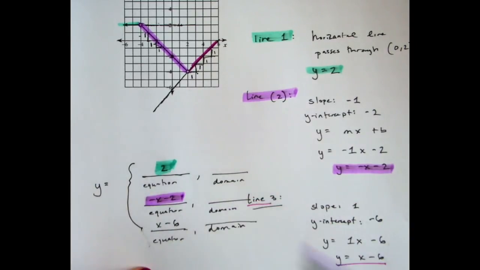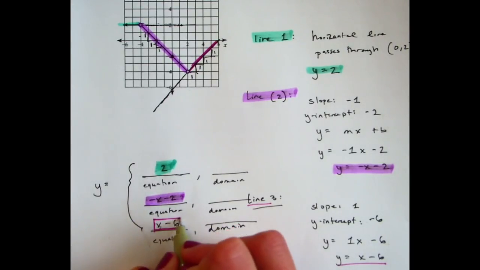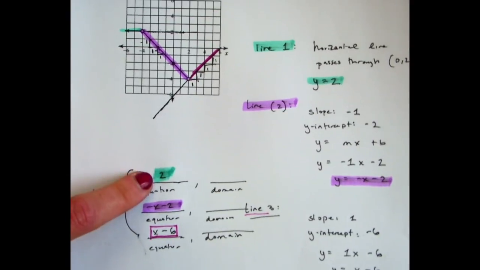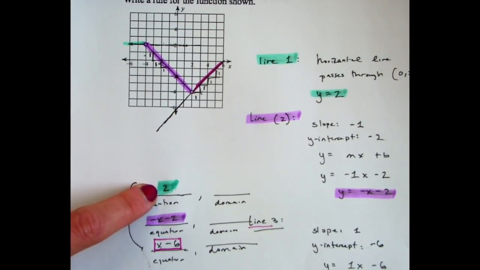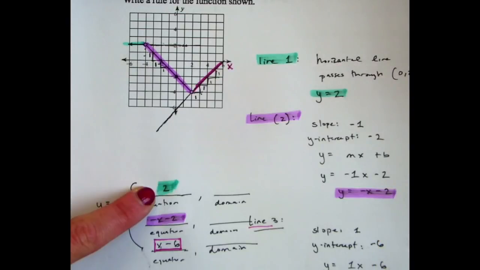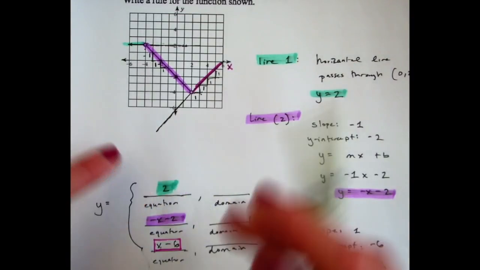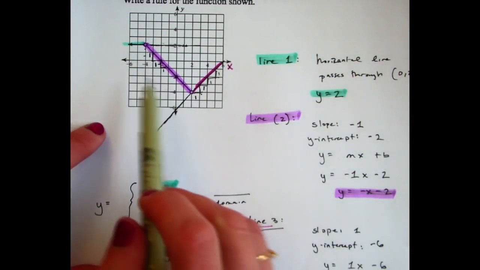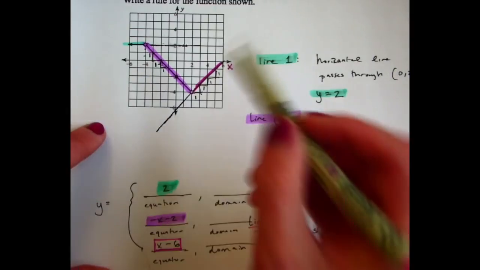Now comes the domain. So what I want to ask myself is, for example, for number 2, for what x values does this function exist? And again, you're looking at the x-axis. What x value does this function start at? It looks pretty clear that the function starts at -4, when x is equal to -4.